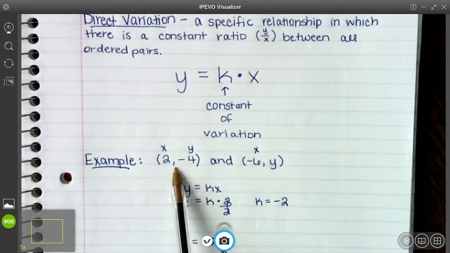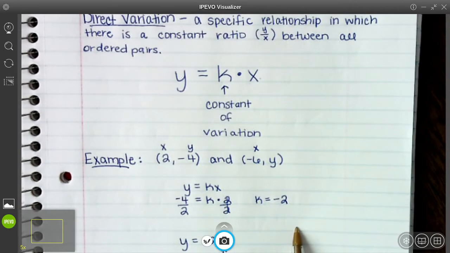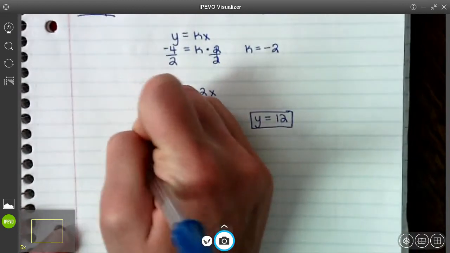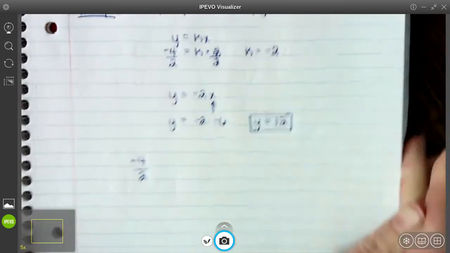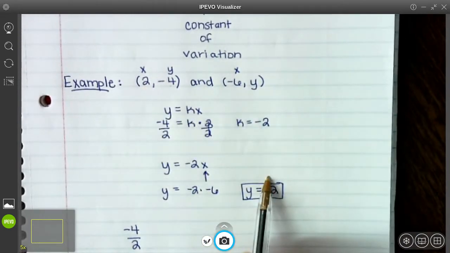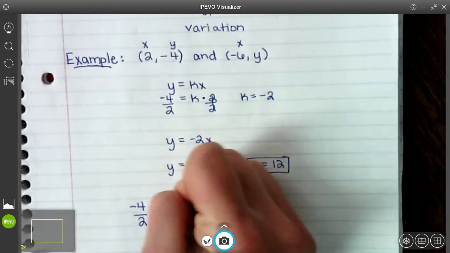That's your k. So the same thing if I set up a ratio: -4 divided by 2, from our first point, equals my constant of variation. Well, then so should y divided by -6.